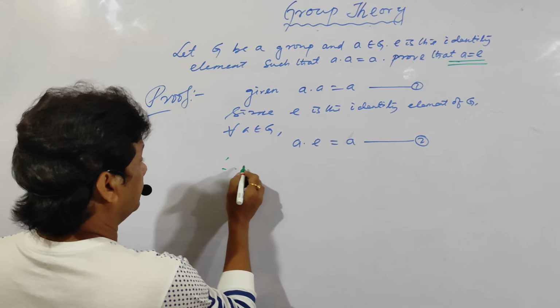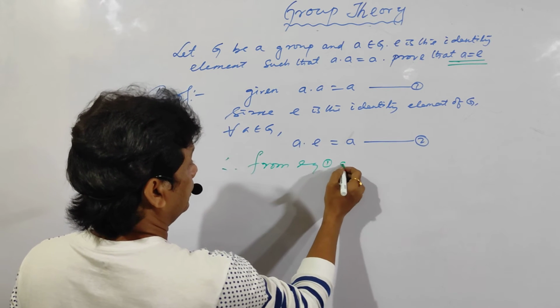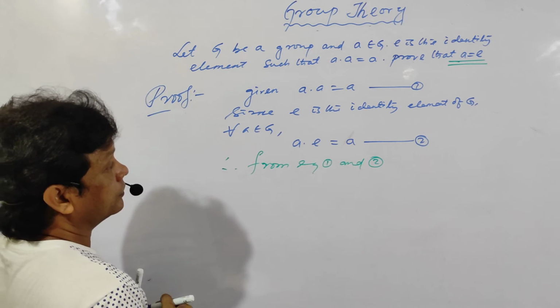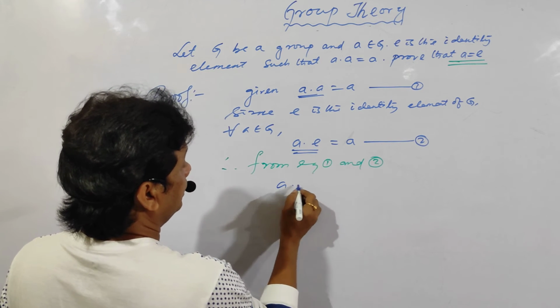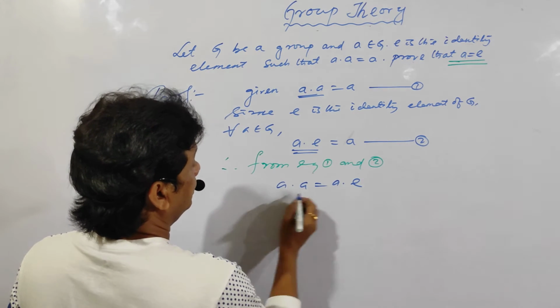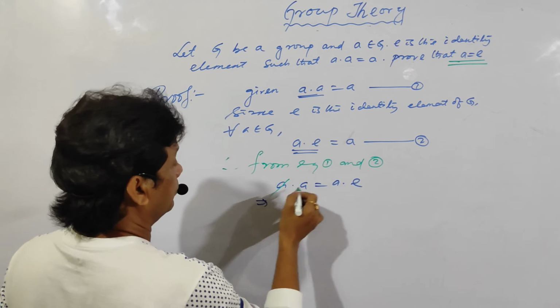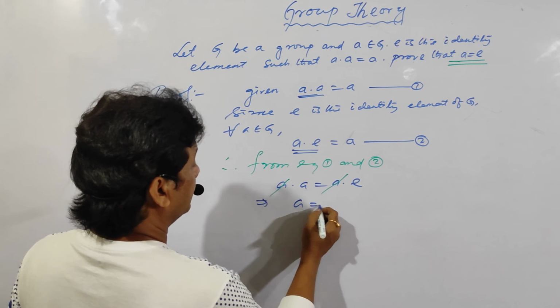So therefore from equation 1 and 2 we get this one equal to a, this one equal to a, so a into a is equal to a into e. So applying left cancellation, cut out these two, so we get a is equal to e, which is our requirement.